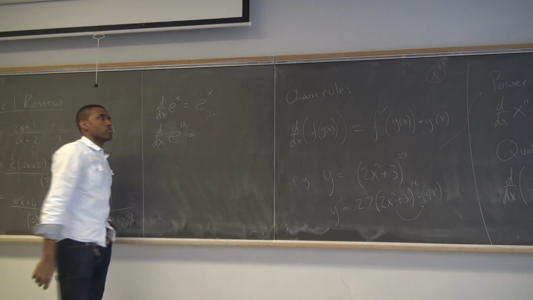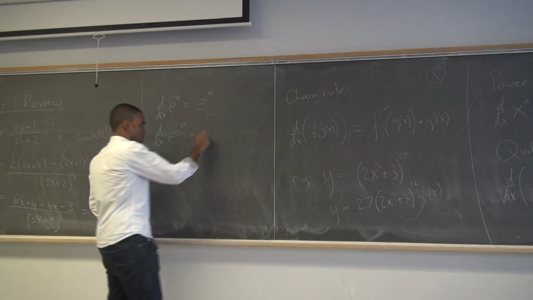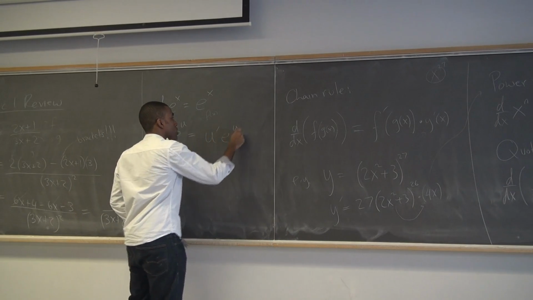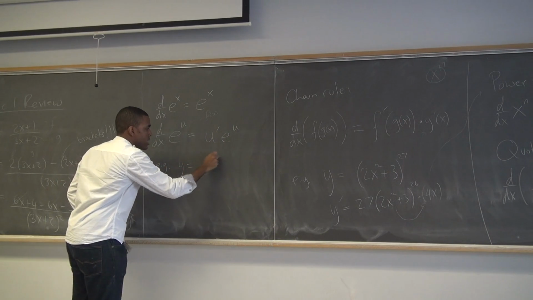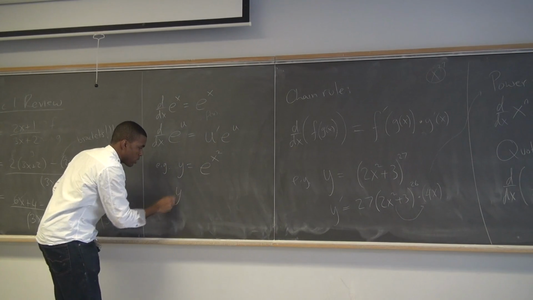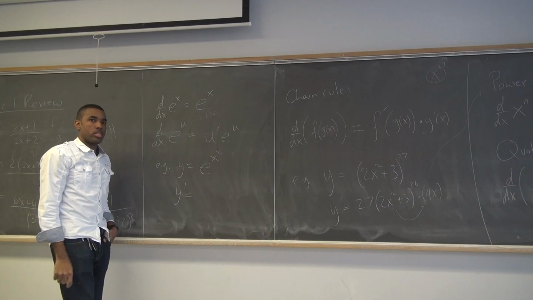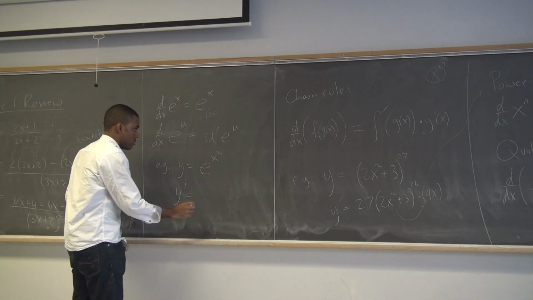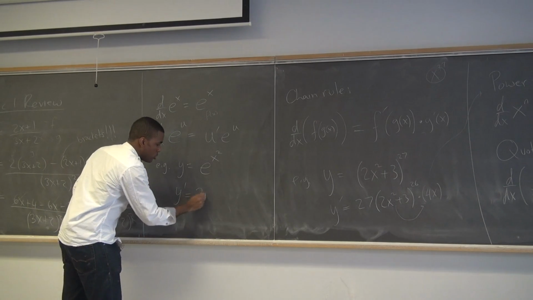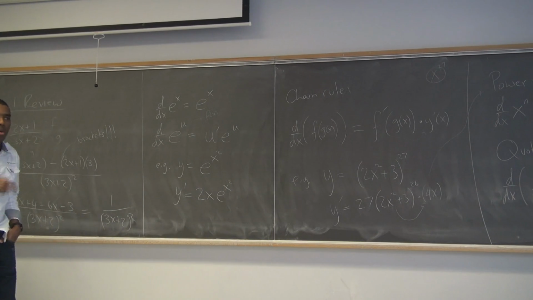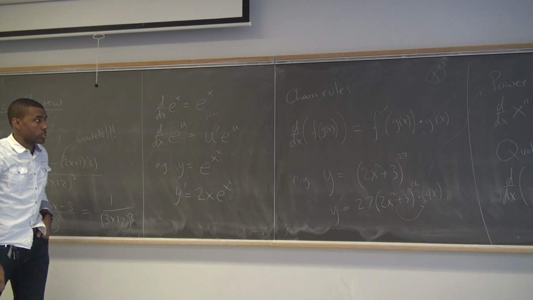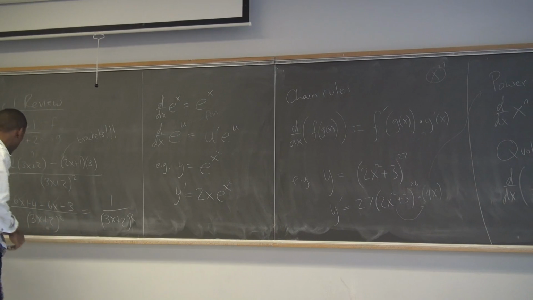You're right, u prime e to the u. So, for example, if I said y was e to the x squared, and I asked you to find y prime, what's the answer? 2x e to the x squared. You differentiate the power, and you put it in front of the original function. That's how you differentiate e's.